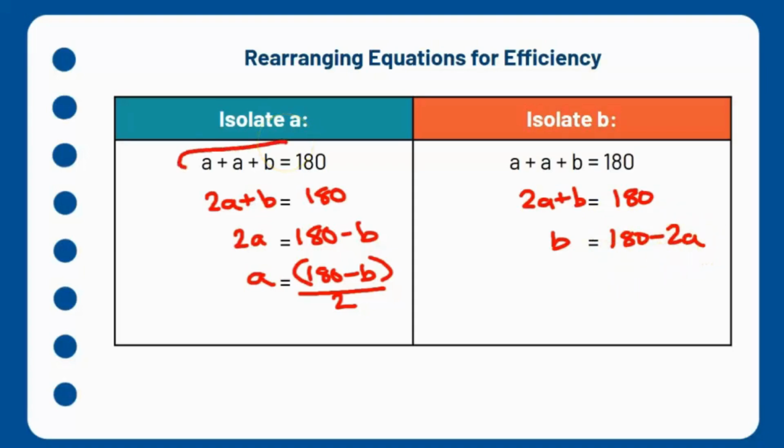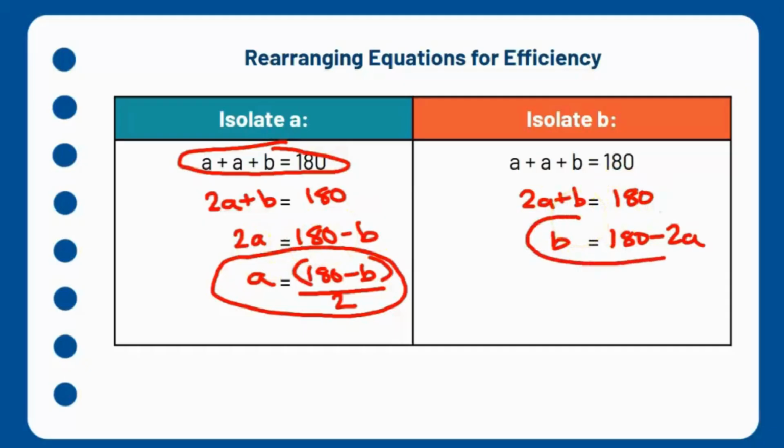All three of these equations, A plus A plus B equals 180, A equals (180 minus B) divided by 2, and B equals 180 minus 2A, are all equivalent. Depending on what information we have and what we're interested in, we can choose a particular equation to use.